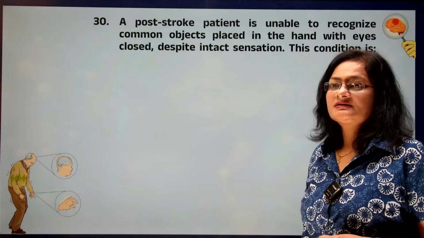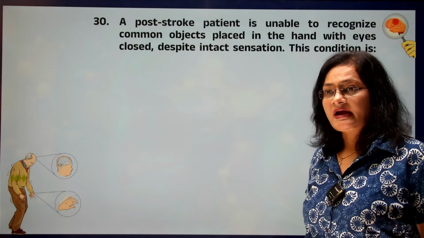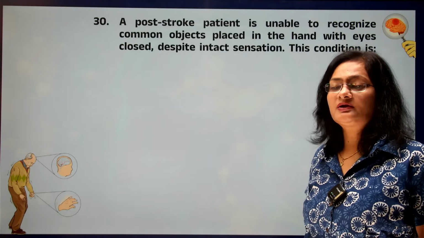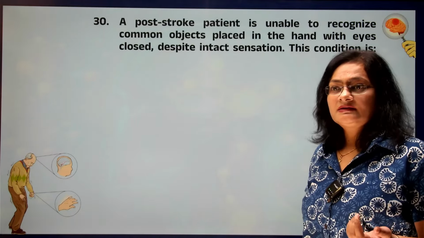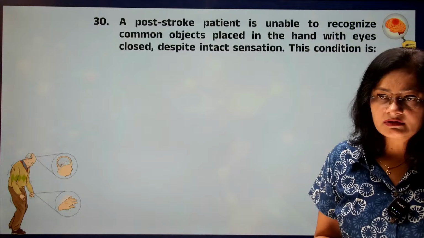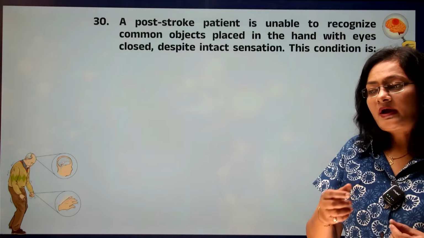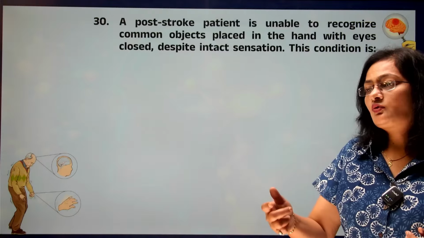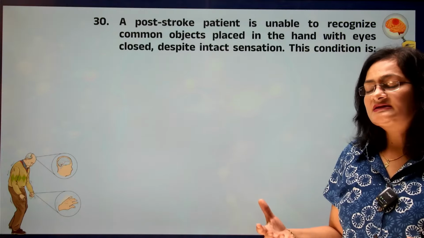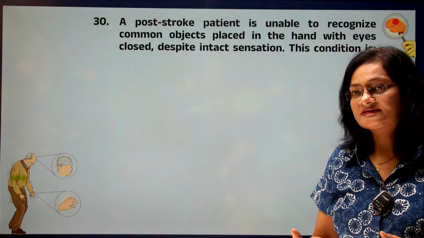Post-stroke patient is unable to recognize a common object placed in the hand with eyes closed despite intact sensation. We have already discussed this condition. I gave you the example that I would not be able to identify a key, coin, pen or pencil with my eyes closed, although I have intact superficial sensation.